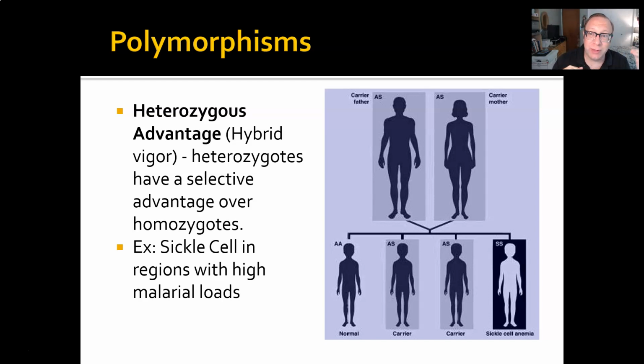If the normal hemoglobin overtook the sickle cell, then there would be huge amounts of death from malaria in the population. But this heterozygous advantage, or hybrid vigor, as it's sometimes called, helps to keep the frequencies of the polymorphisms balanced.